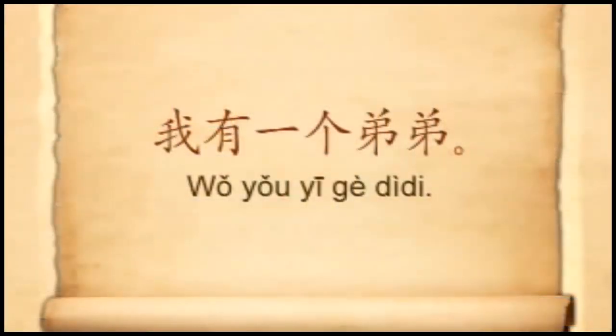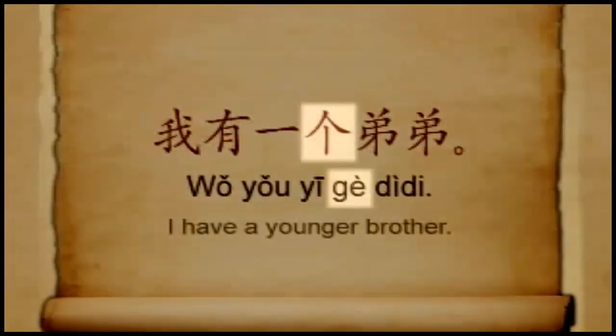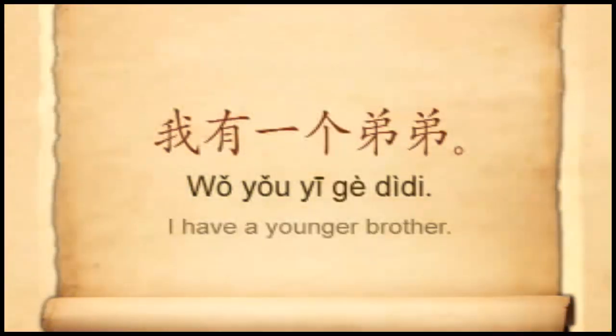In the last sentence of this conversation, the measure word 个 is used. 我有一个弟弟. I have a younger brother. What does 个 do for you in a sentence? Very good. It helps you specify the number of people. Listen to the sentence again. 我有一个弟弟.